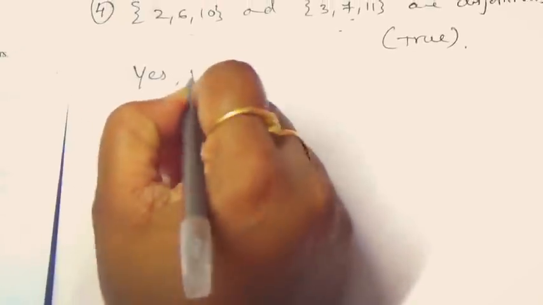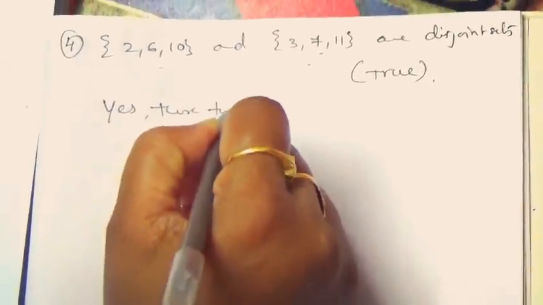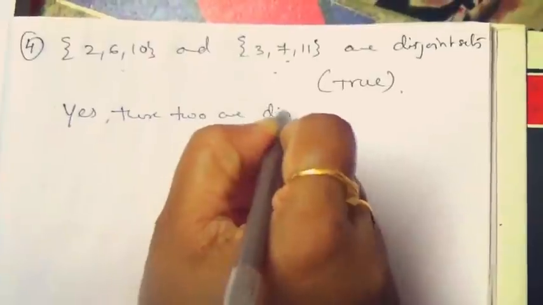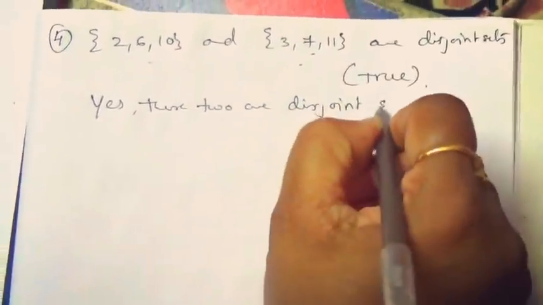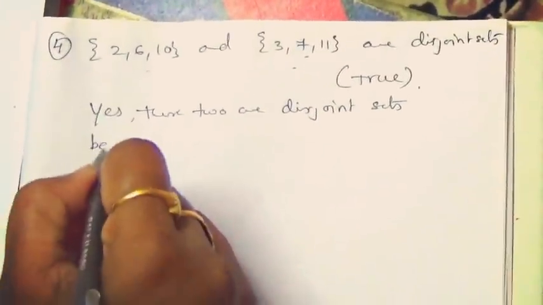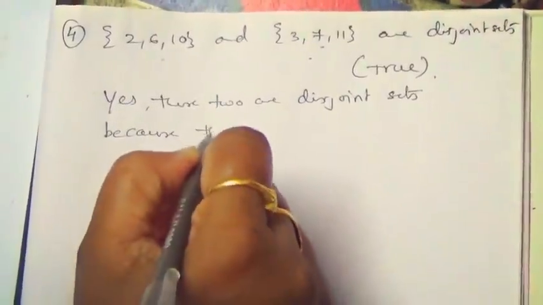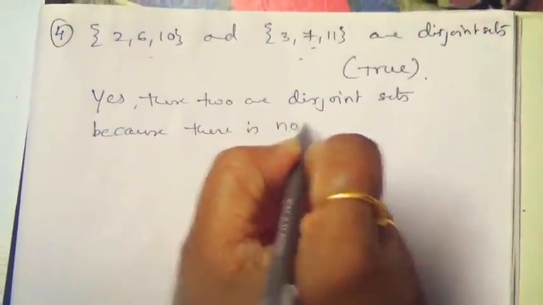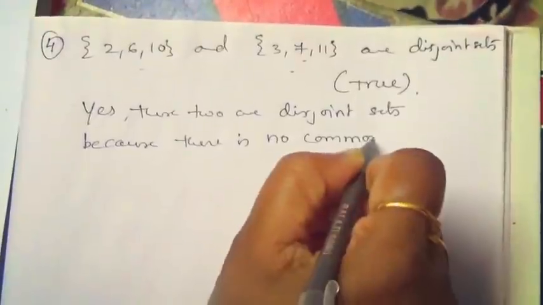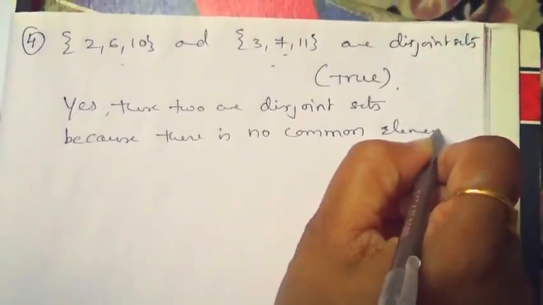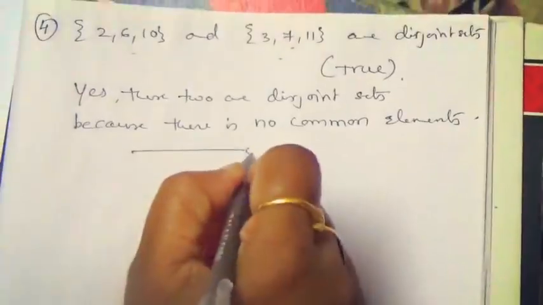Yes, these two are disjoint sets because there are no common elements. So we finished this exercise 2.2.